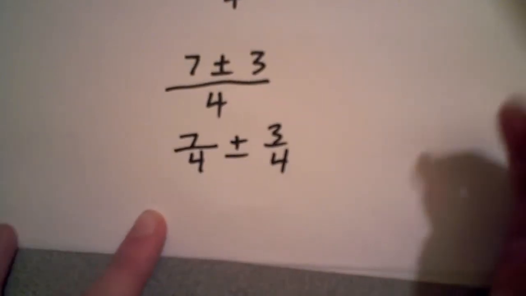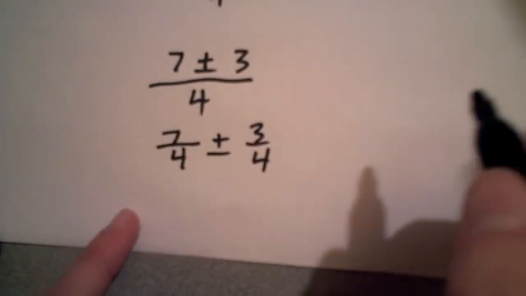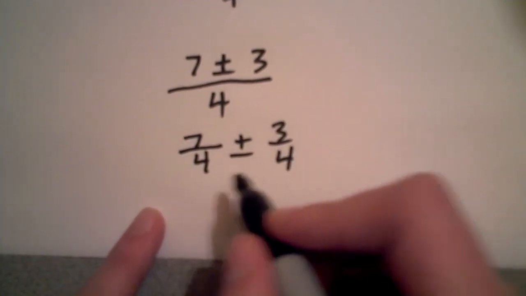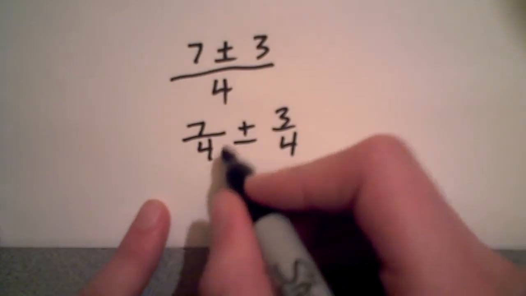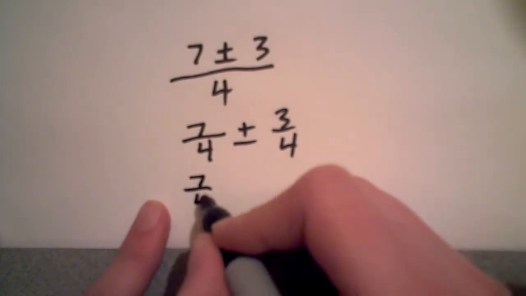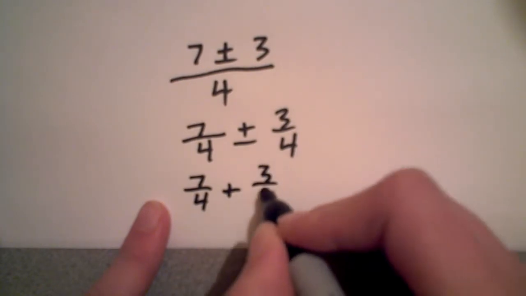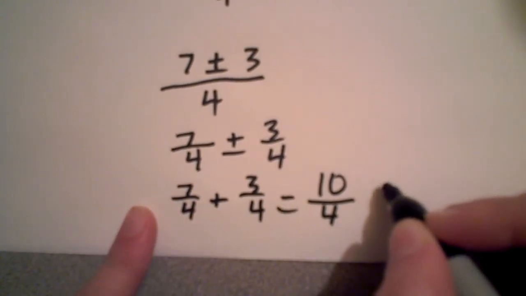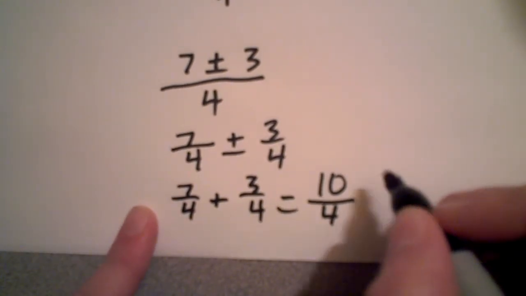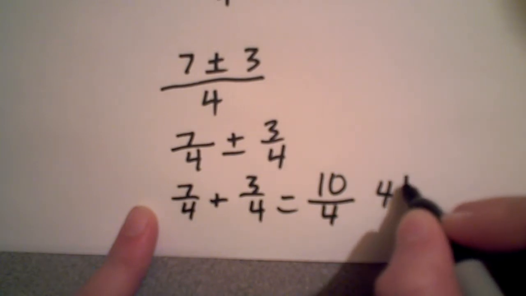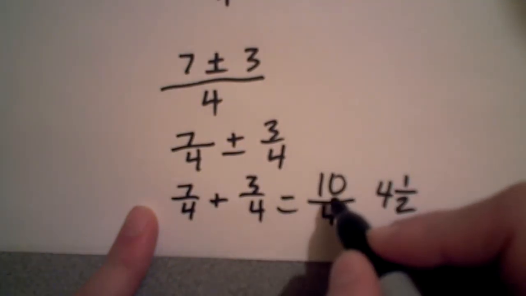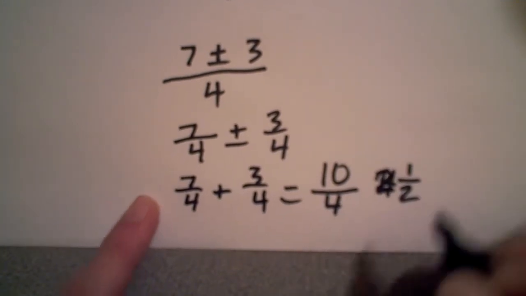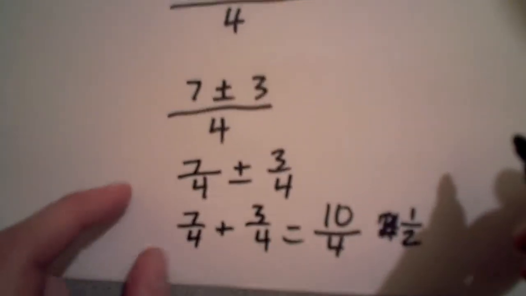Now the way we're going to get our solutions, there will actually be 2 because of this plus or minus, is just to do both options. If we do a plus, 7/4 plus 3/4, that will get us 10/4, which is 2.5.